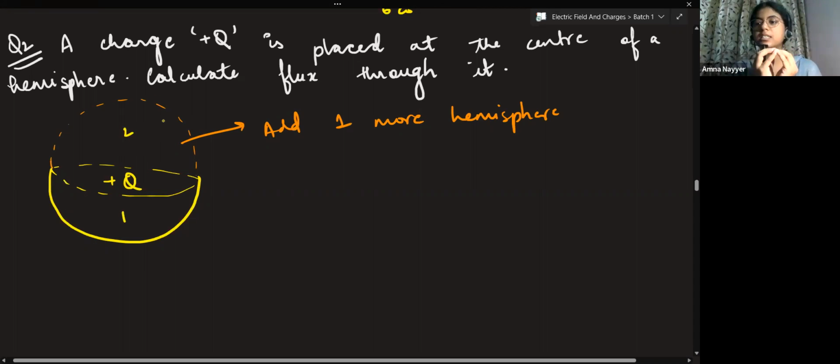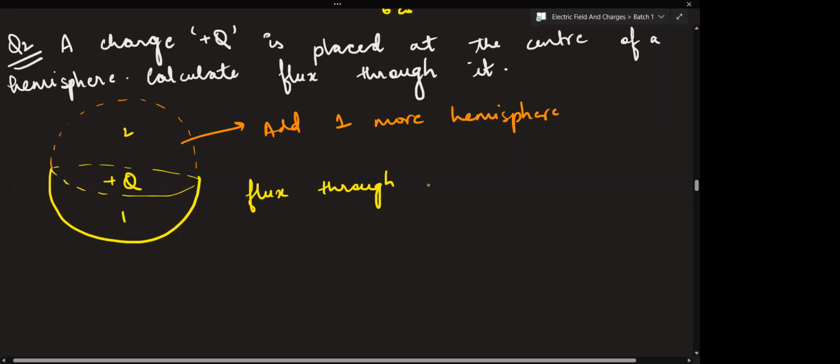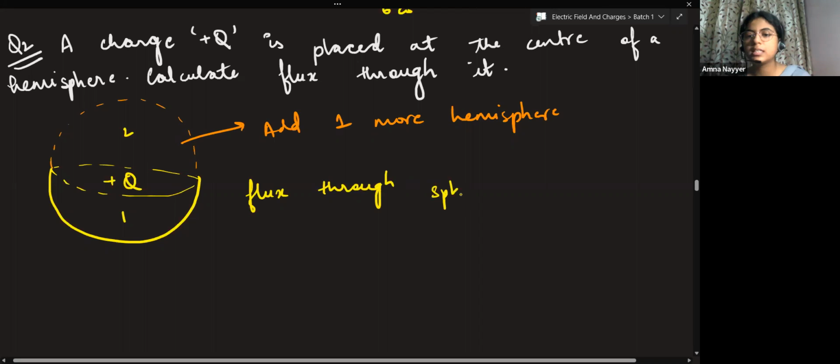Now the charge is residing inside this closed surface. And what is the flux within a closed surface? q by epsilon naught. So flux through the sphere is q by epsilon naught.